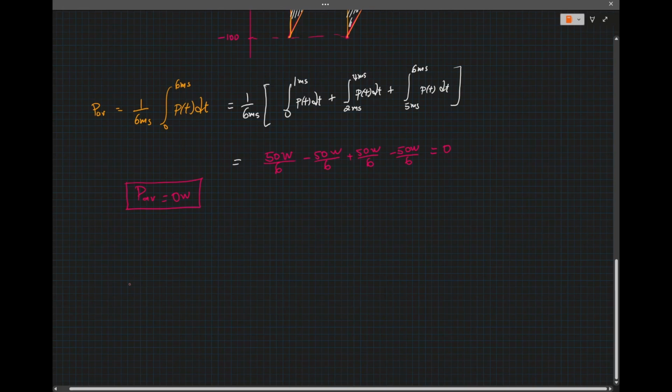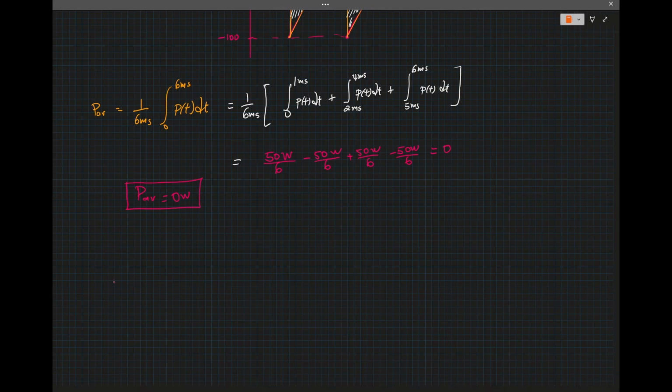So this led me into this well-known property of the inductor. Let's say we have a sine wave, and we apply that as a current.